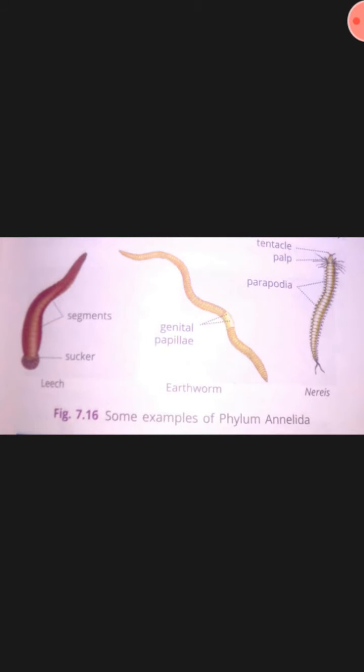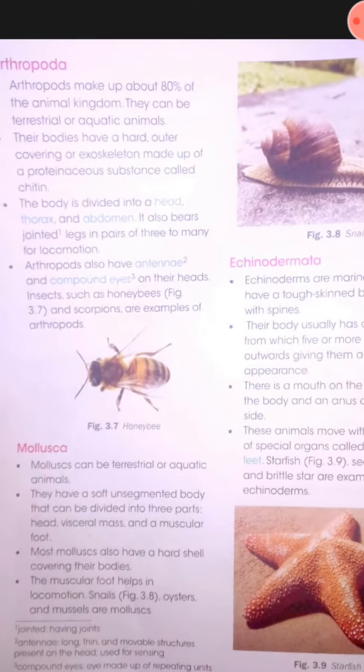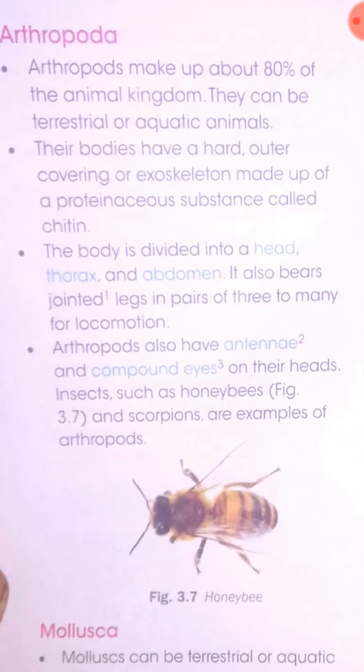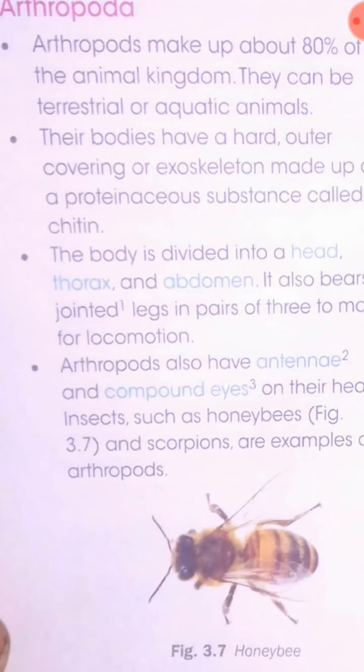Now we have to move towards the next phylum, the phylum Arthropoda. Arthropoda is the largest phylum. Its organisms are terrestrial, meaning present on land, and some are aquatic, meaning they live in water also. Now, what are its characteristics?